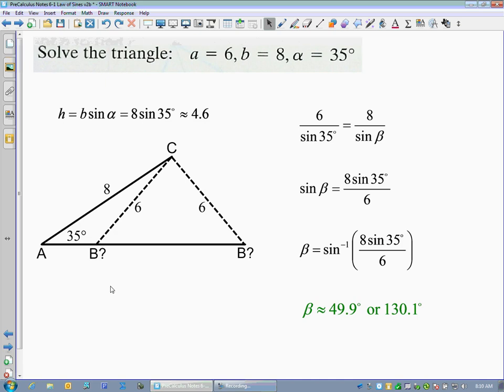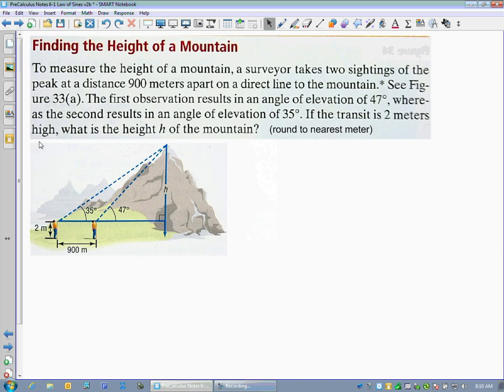All right, let's look at an application of this for word problems. For surveying and for measuring distances, trigonometry is used a lot. And with this problem, we're looking at trying to find the height of a mountain.